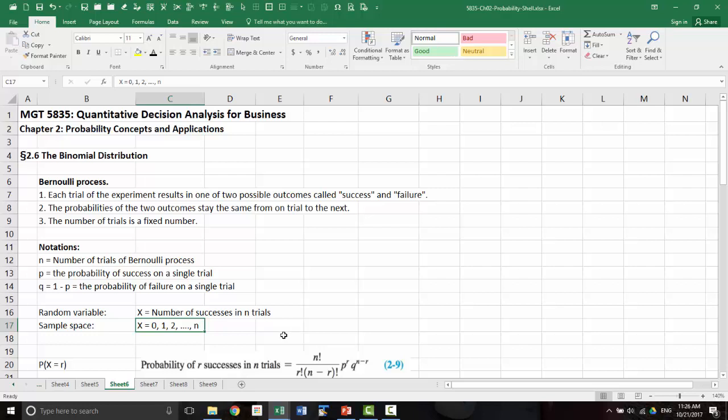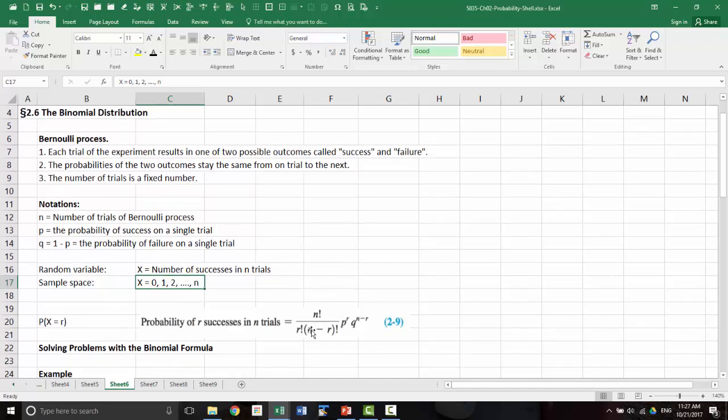Now we need a probability for each value of x, then we will have a probability distribution. And that probability formula is given by this.